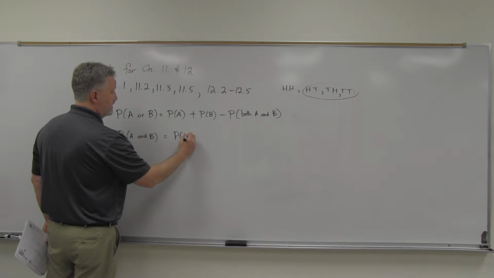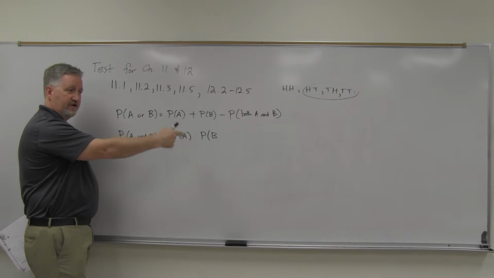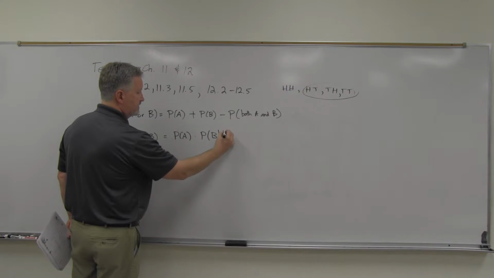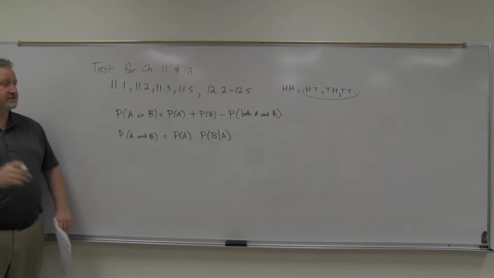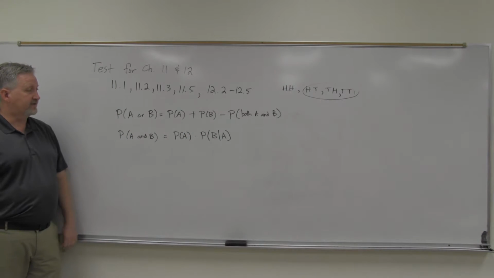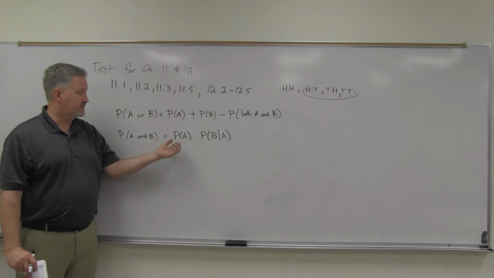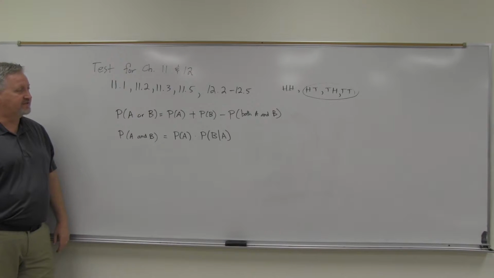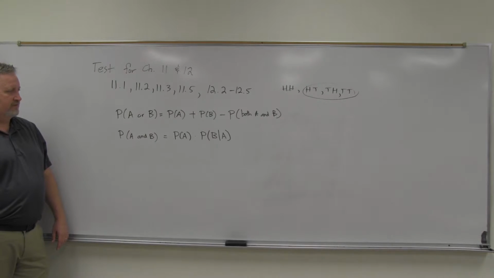So it's probability of A times the probability of B. The catch is, though, for the B, we use that conditional probability, B given A, like when we were drawing the two cards, the second card was given that the first card happened. So like if we were drawing without replacement, take that into consideration. I'm not going to go all the way through it again, but yeah, so we use that conditional probability.